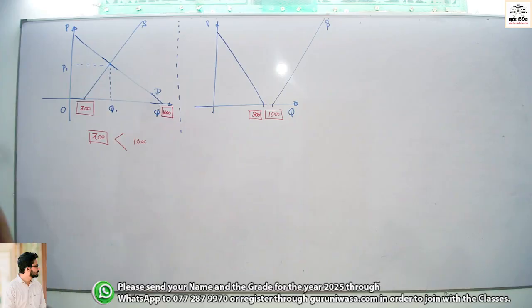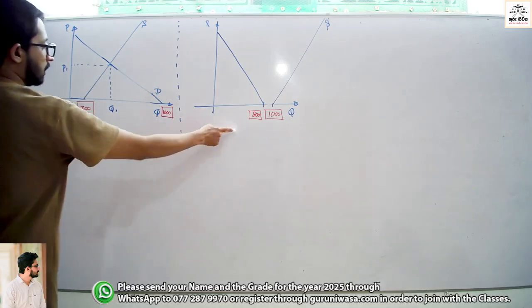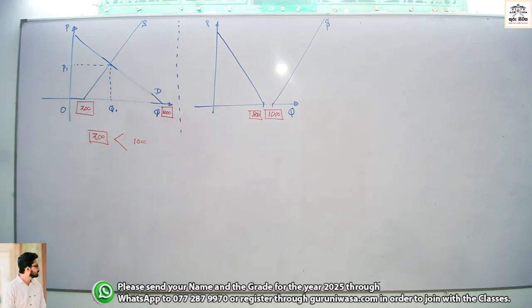A point with a negative price is pointless, not a sound argument. Clear, Lamai? Can you write this down? Here 2 marks are given for this diagram, 2 marks for this diagram. That's it. Here you need to explain, because this is practice for questions, Lamai.